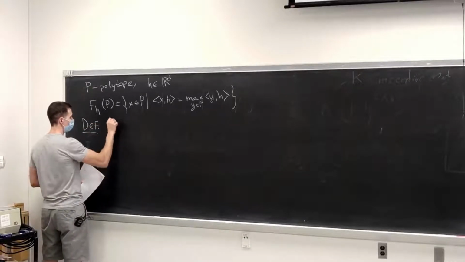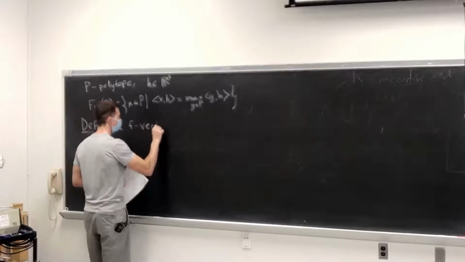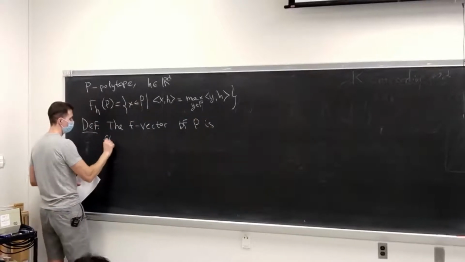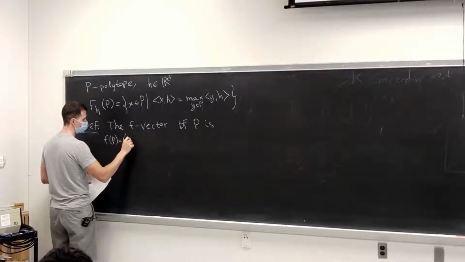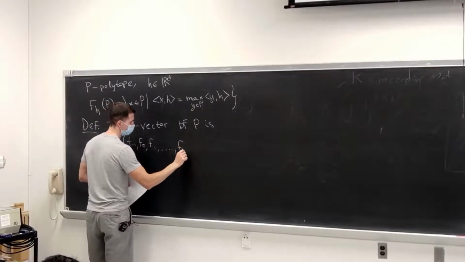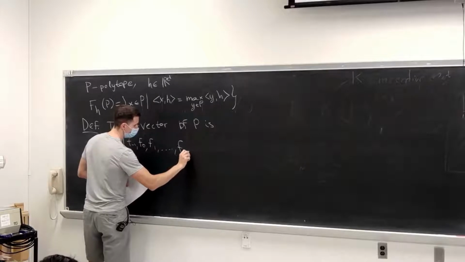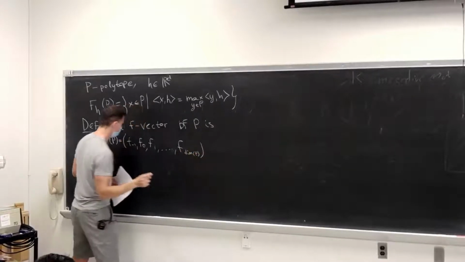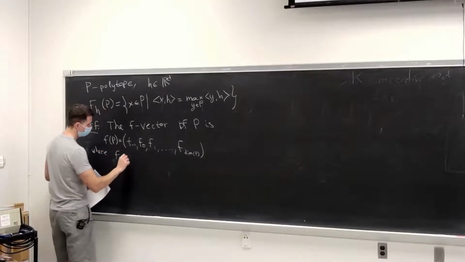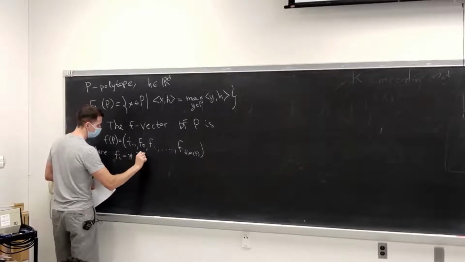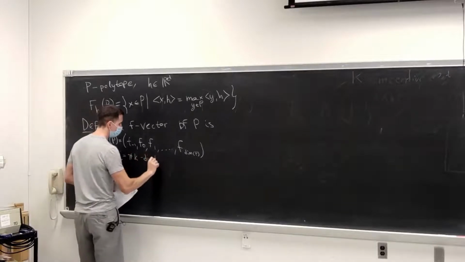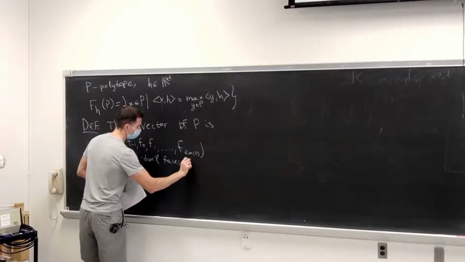The f-vector of a polytope P is f(P), which is a sequence of numbers, f_{-1}, f_0, f_1, all the way up to f_d, well, f sub the dimension of the polytope, where each f_k is the number of k-dimensional faces of my polytope.